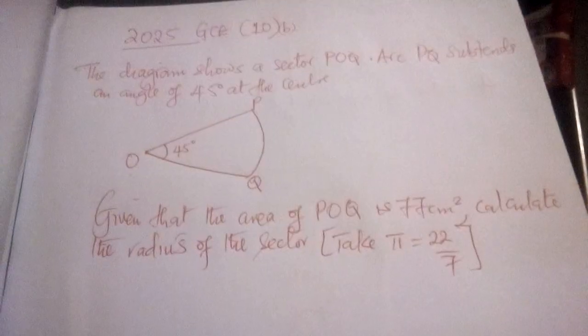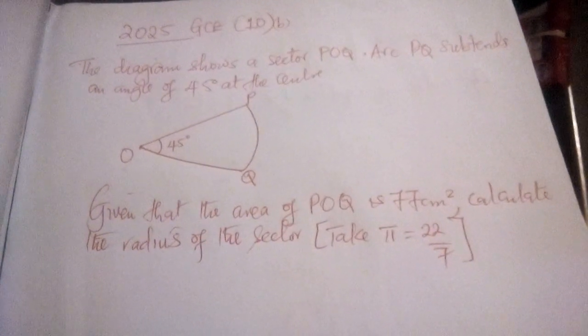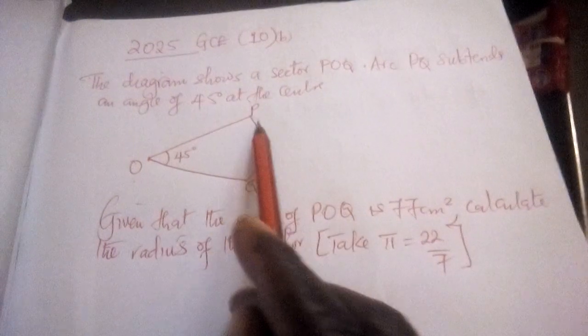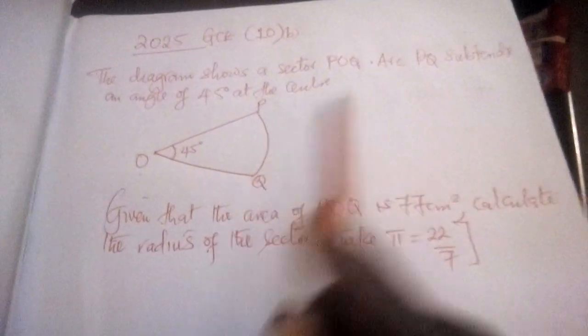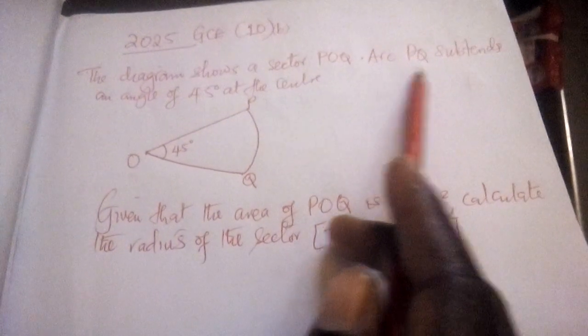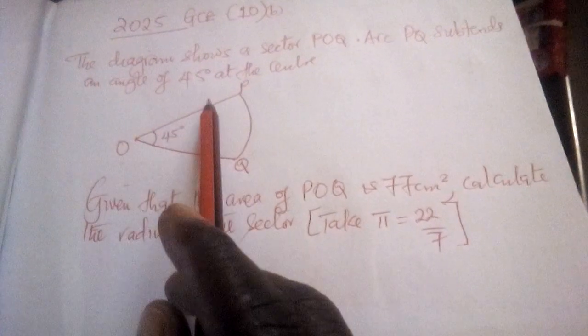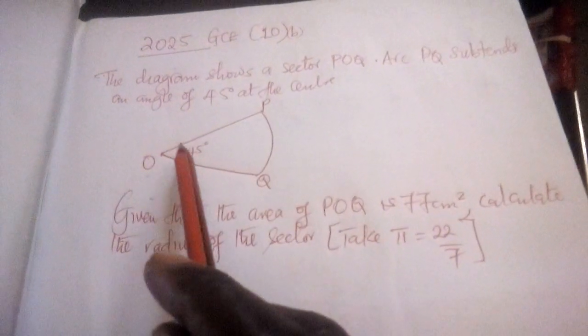So the question says the diagram shows a sector POQ. PQ subtends an angle of 45 degrees at the center, as we are seeing here.